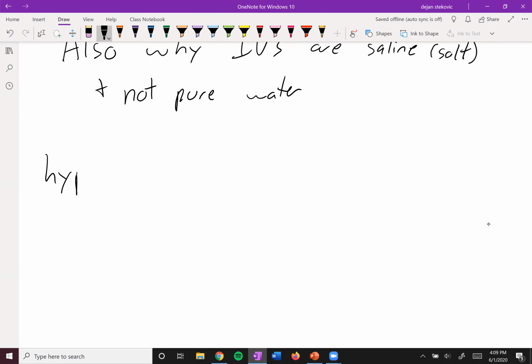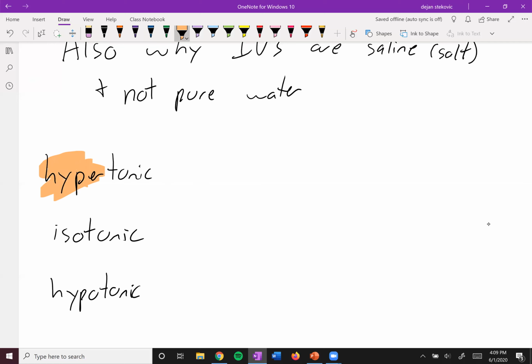So we can have different situations. We can say a solution is hypertonic to something else, isotonic, and then hypotonic. Generally, we're talking about the solution in relation to the cell, right? Hyper means a lot, iso means the same, and hypo means less. If you're hyper energetic, that means you have too much energy.